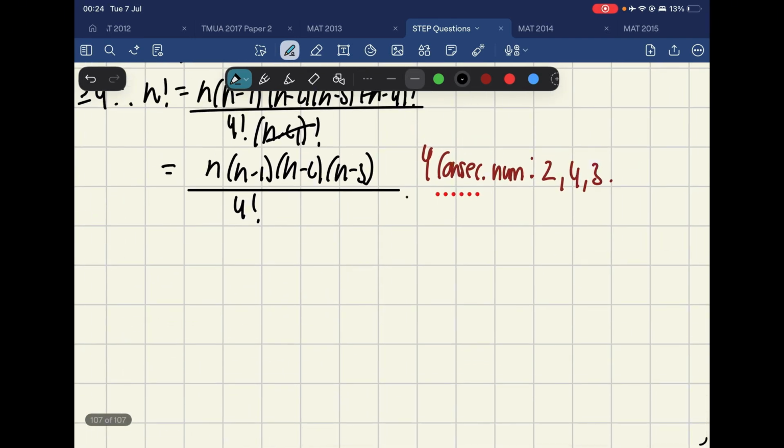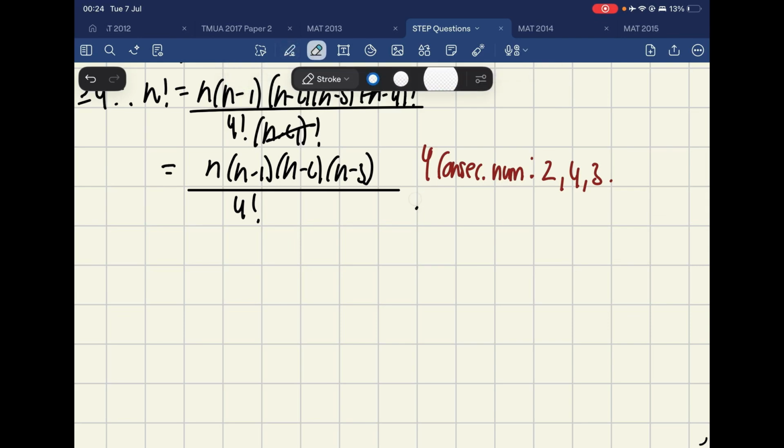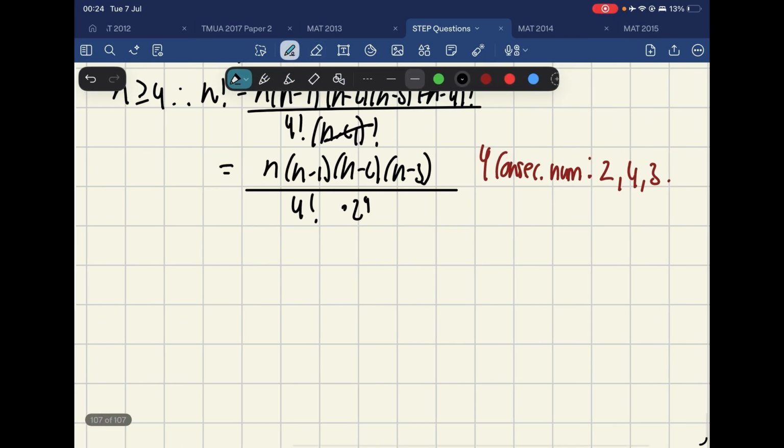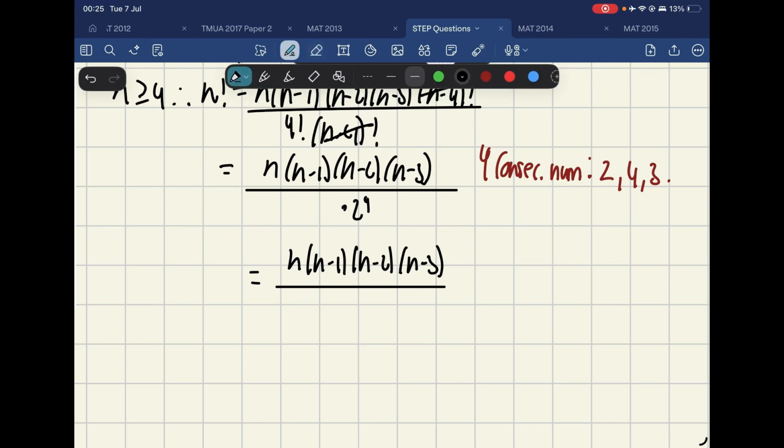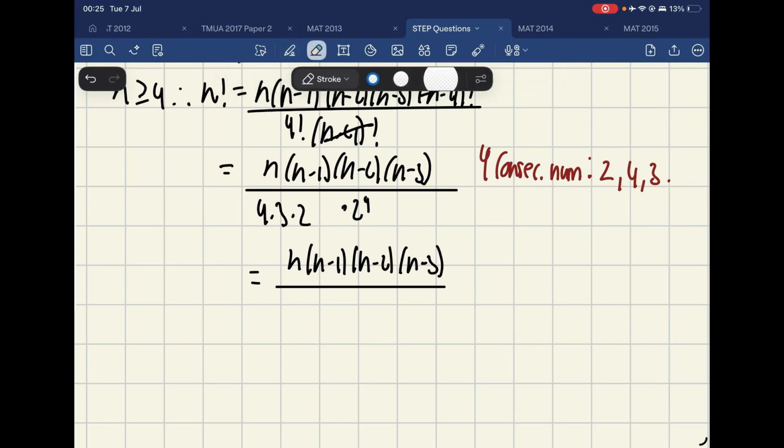So divided by 16, we have 2 to the 4. And then we're writing this as prime factors: n, n minus 1, n minus 2, n minus 3, all over 4 times 3 times 2 times 1, with the 1 not really needed there.